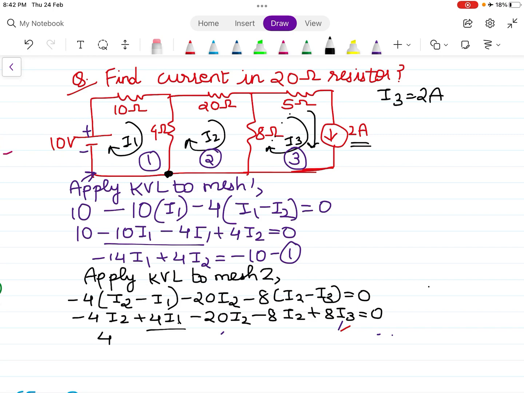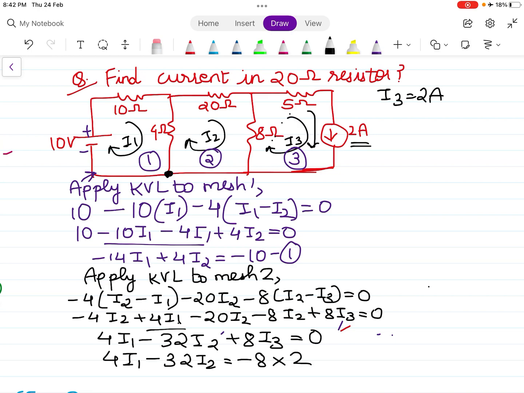So this will be 4 I1 minus 32 I2 equal to minus 8 into 2, minus 16. So 4 I1 minus 32 I2 equal to minus 16.